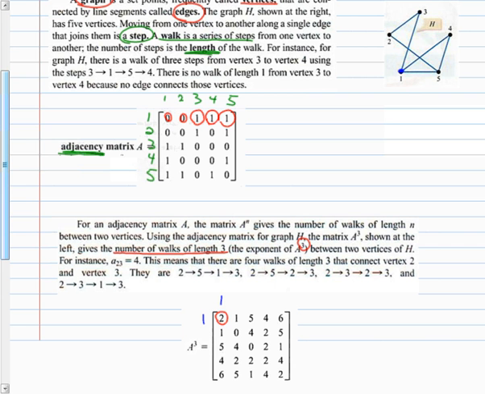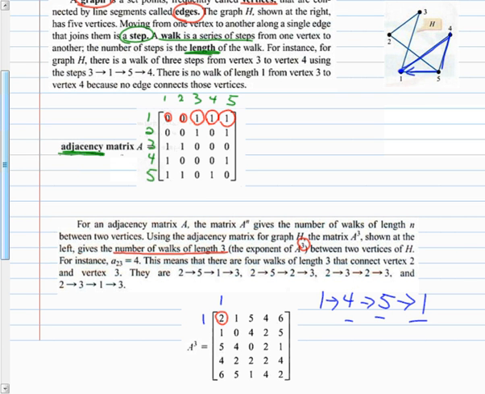Raise your hand and tell me one possible way. Josh? 4, 5, 1. Going to go to 4, then 5, then 1. So there is one of those 2. 4 to 5 to 1. I started at 1. 1, 2, 3 steps to get back there.